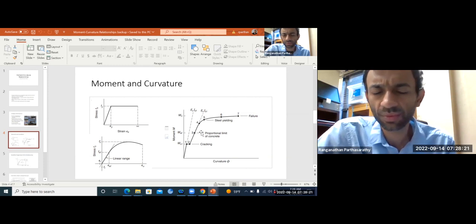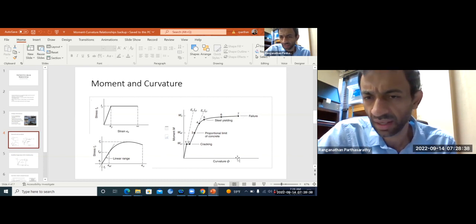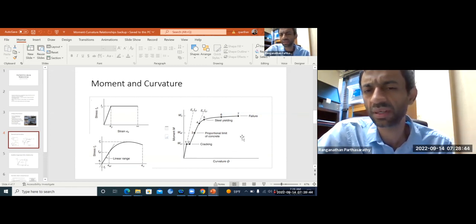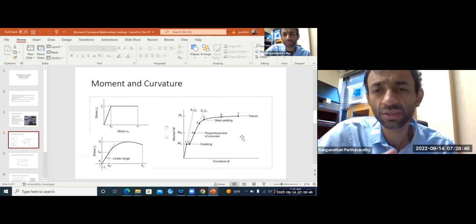As you observe from the moment curvature relationship, you can get an exact measure of the toughness or ductility of this beam. If you have this whole curve for a certain beam, you get the area under this curve. This will give you the toughness of that member, at the level of the member. And the larger the area, the more ductile is your failure.